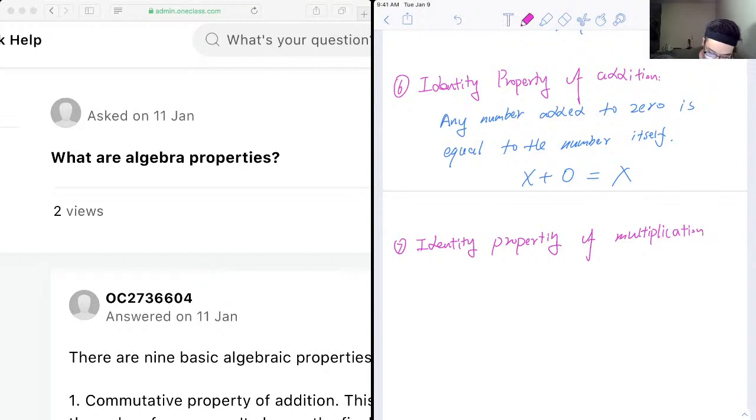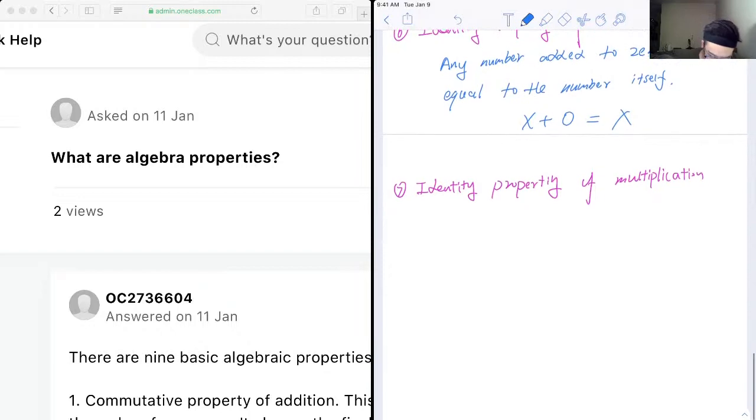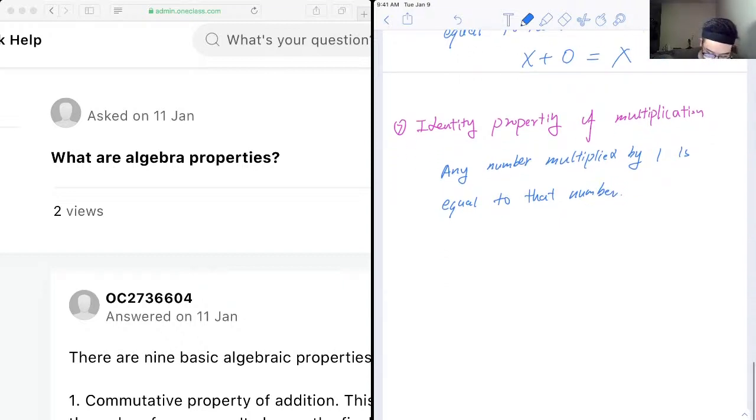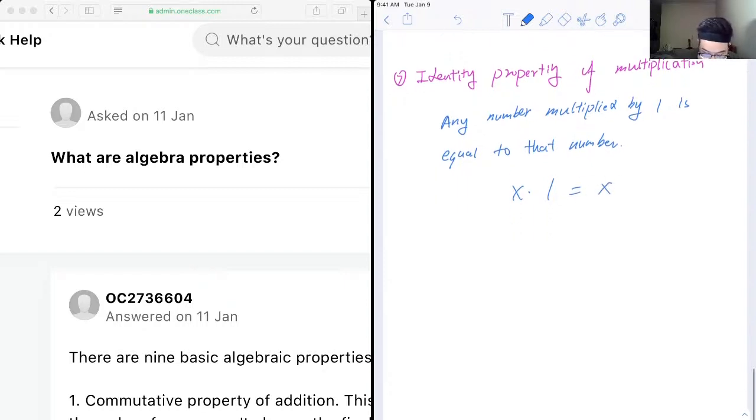Okay, so this states that any number multiplied by 1 is equal to the number. So if we have x times 1, that will also be equal to x.